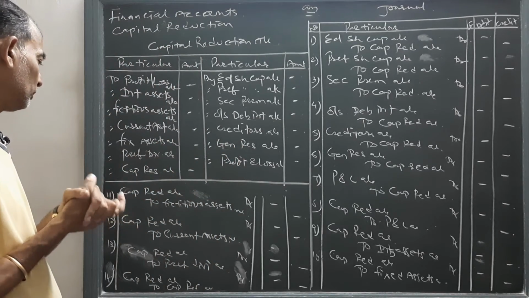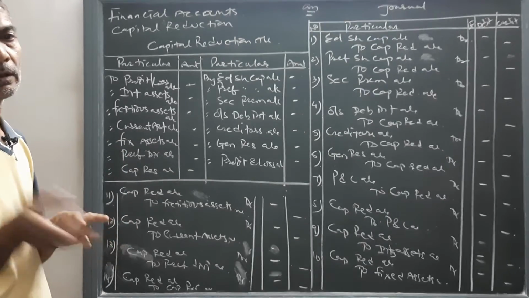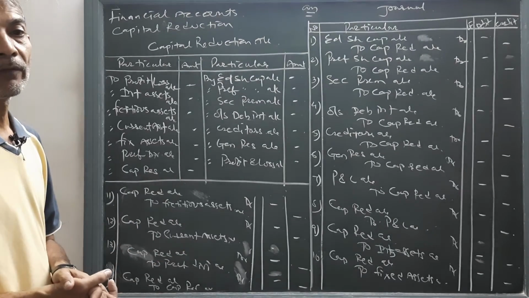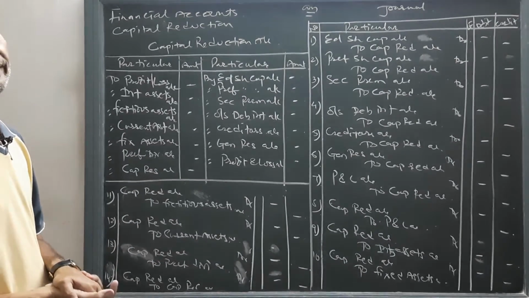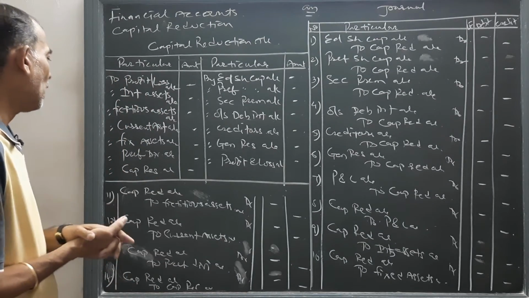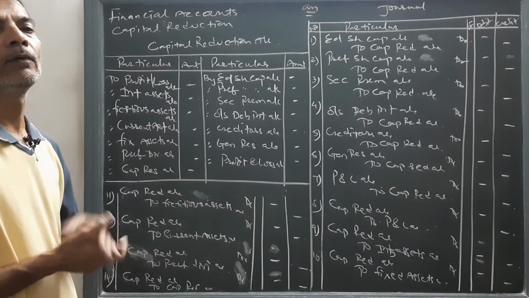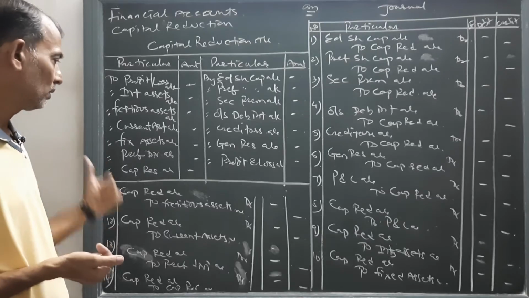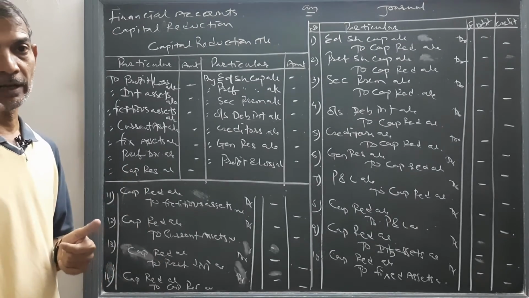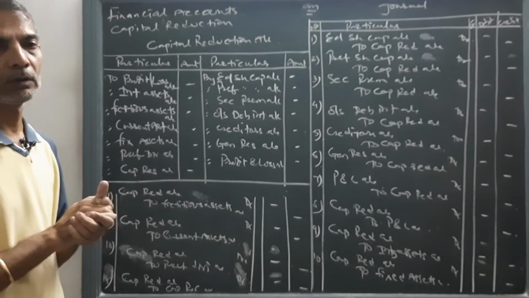At last, if preference dividend is to be paid, the capital reduction account will be debited and the preference dividend account will be credited. After totaling the account, if the amount is short on the debit side of the capital reduction account, then the entry is capital reduction account debit to capital reserve account.